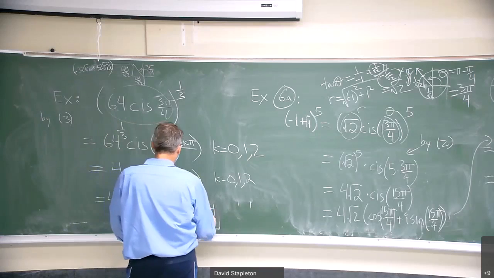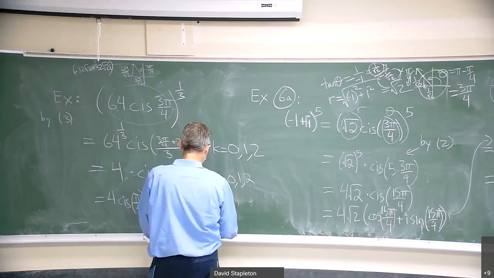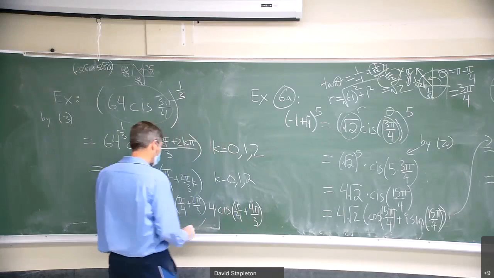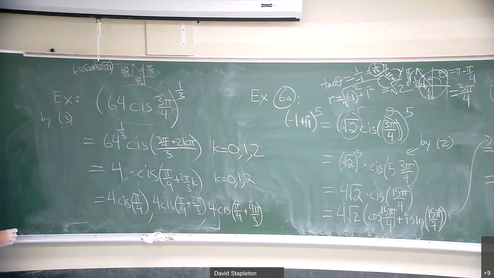And then for k equals 2, 4 times cosine plus i sine of pi over 4 plus 4 pi over 3. There's the polar form of the 3 complex numbers that have this cube.